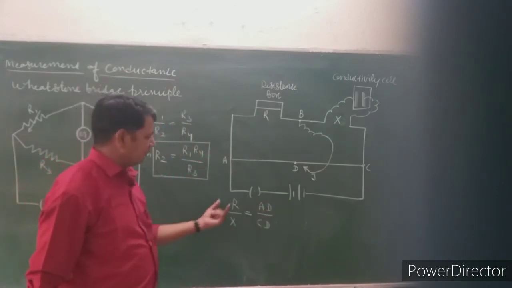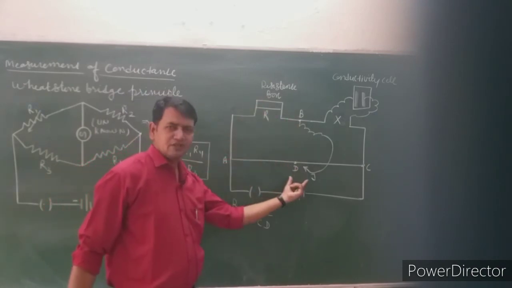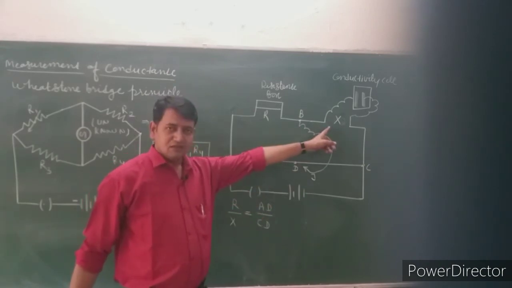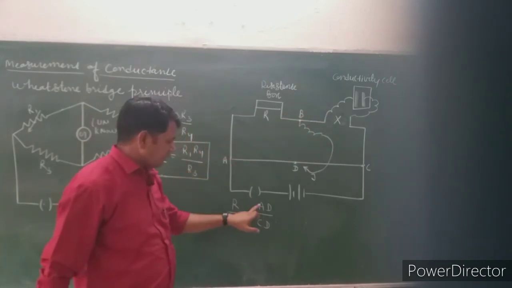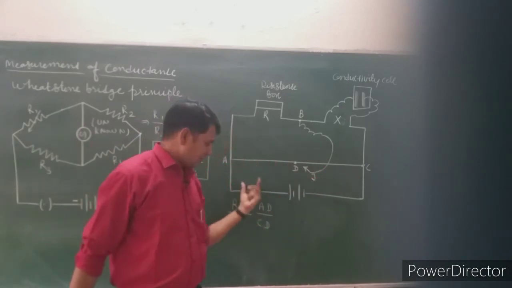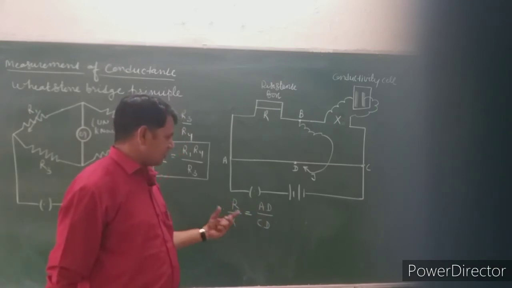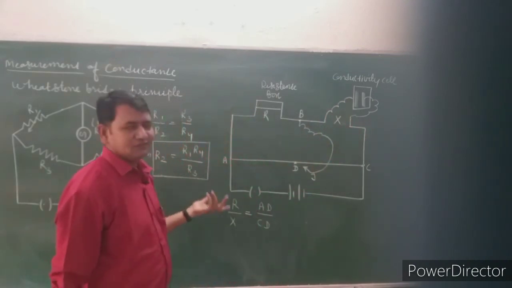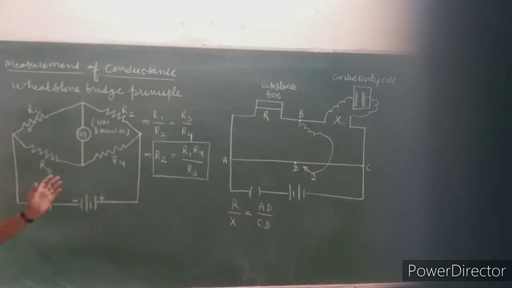By putting in the value of the resistance from the resistance box used to get the null point on the meter bridge, and the lengths AD and CD, we can get the value of X, the resistance of the unknown electrolytic solution converted into a conductivity cell. As soon as we find the resistance of the conductivity cell, we convert it into conductance. In this manner, we can measure the conductance of an electrolytic solution.